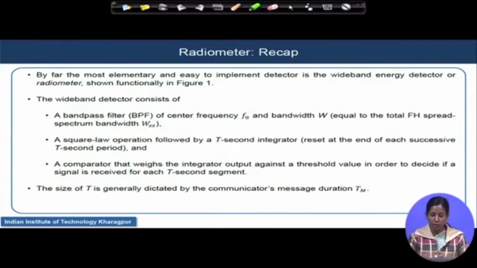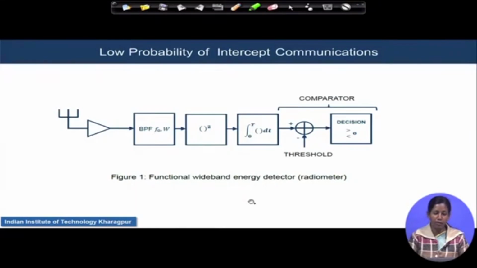We have seen the functionality and the block diagram of the radiometer in the last module. The incoming signal was first band pass filtered, at a center frequency f0, aligned with the center frequency f0 of the incoming transmitted signal, and this filter has a bandwidth of W matched to the signal. The output of the filter passes through a square law detector, and then it was integrated over a selected time duration of capital T. The square law detector and this integrator are basically an integrate-and-dump kind of intercept radiometer.